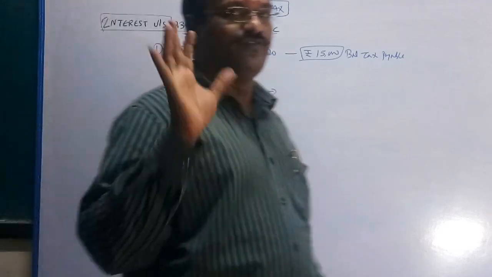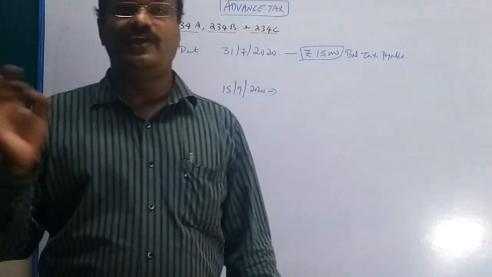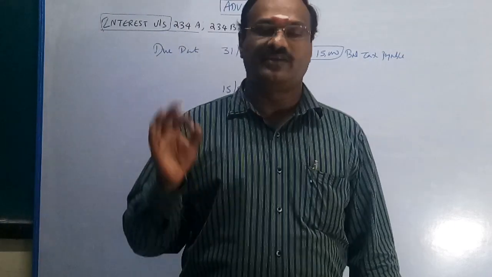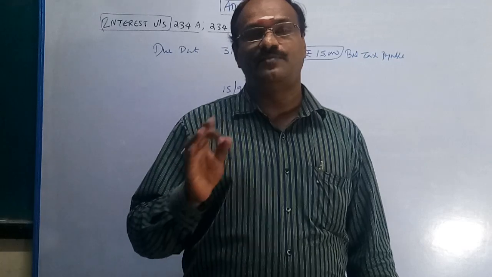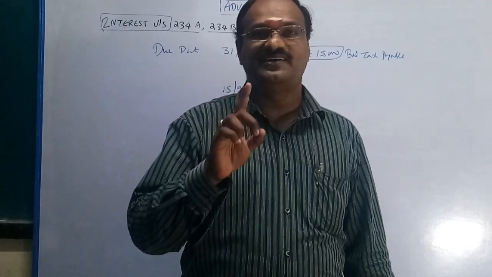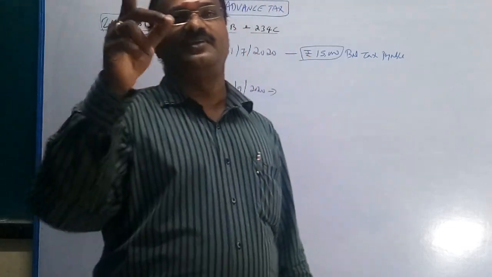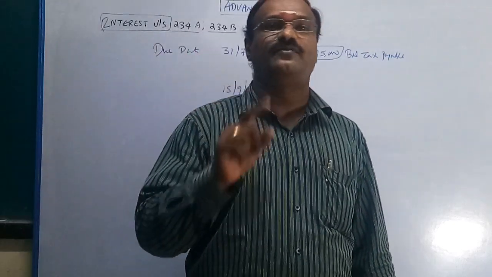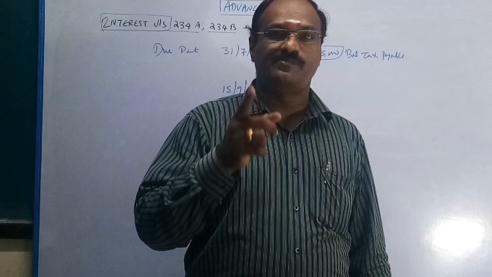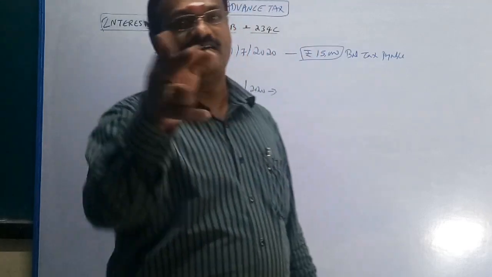What is 234A? If an assessee failed to file his return before due date, then he is liable to pay interest at the rate of 1% per month or part thereof. What is part thereof?